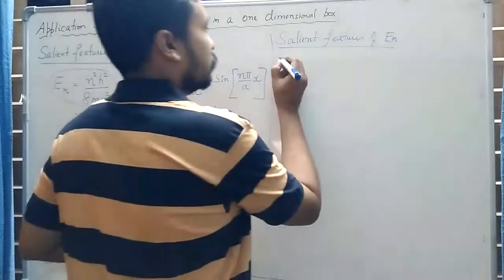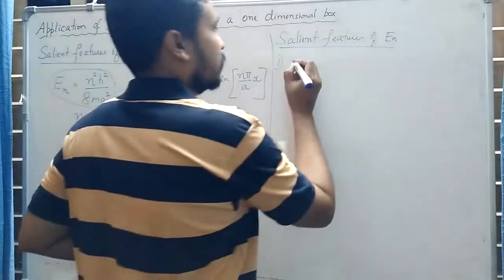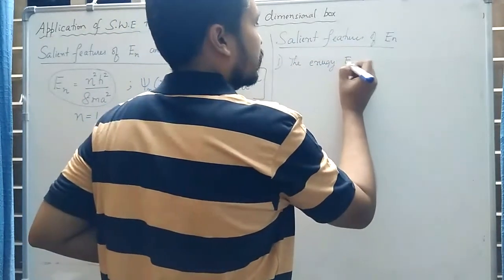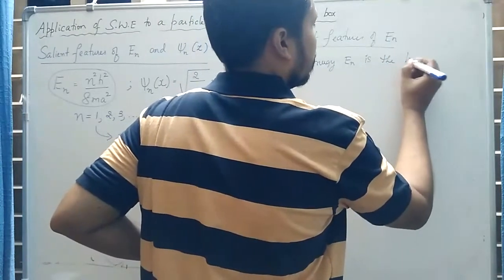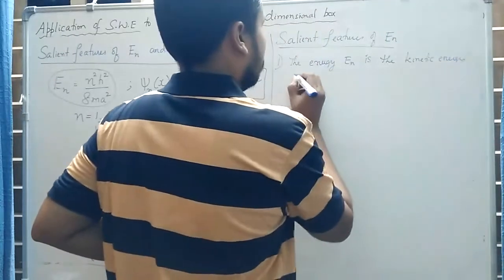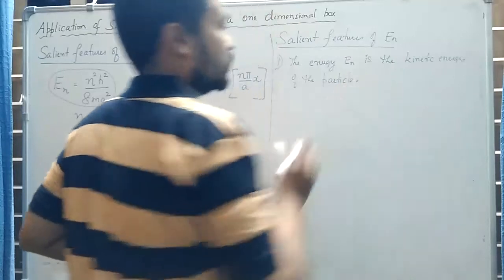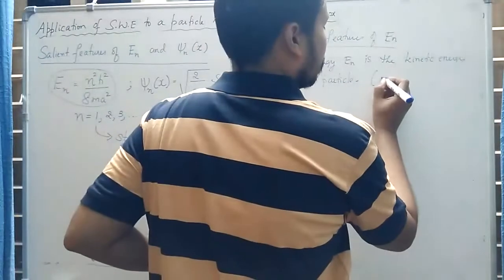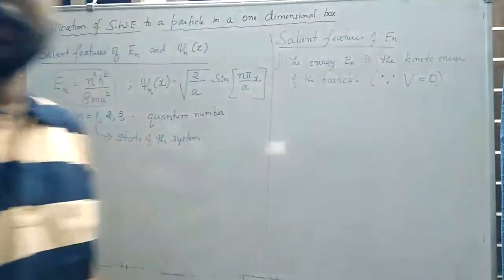So the first important observation that we make here is that the energy En is nothing but the kinetic energy of the particle, because the potential energy was set equal to 0.